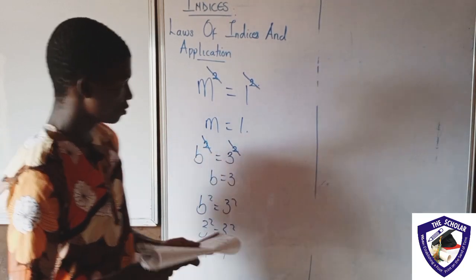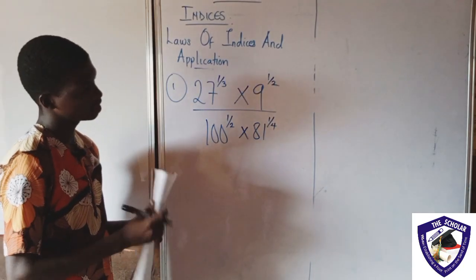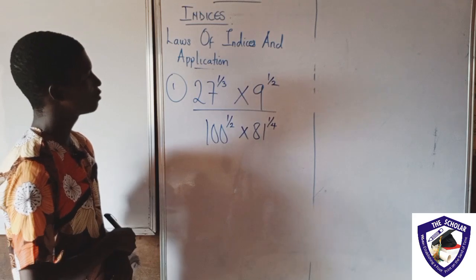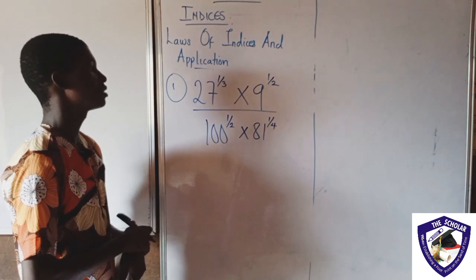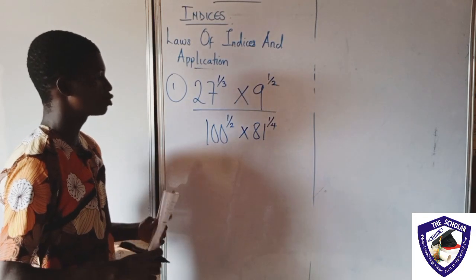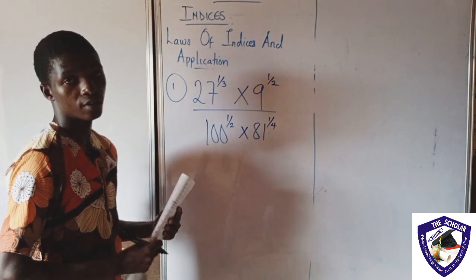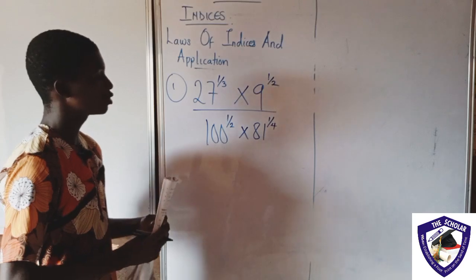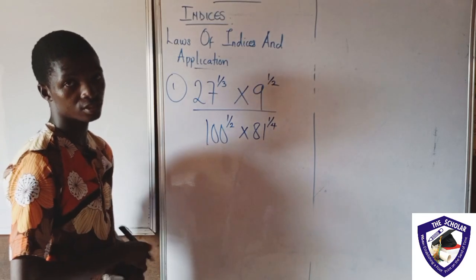Now, I have example number 1. We have 27 raised to power 1 over 3 times 9 raised to power 1 over 2, divided by 100 raised to power 1 over 2 times 81 raised to power 1 over 4. Now, to solve this question, we are going to apply the laws of indices.